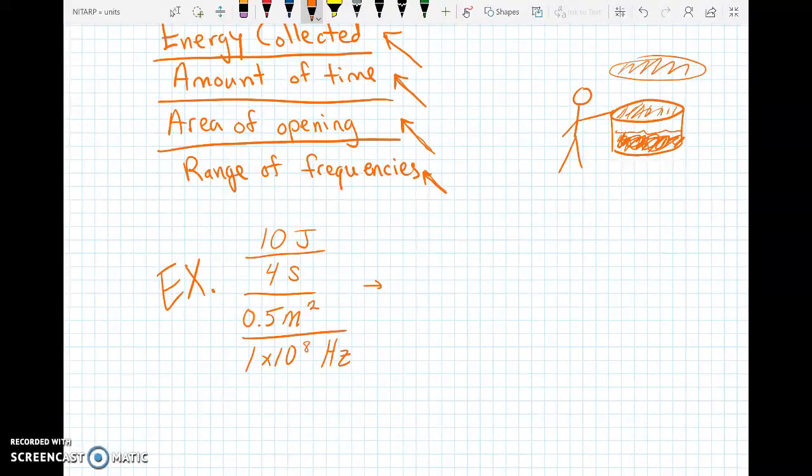So if I do the math here, this ends up being 5. So 10 divided by 4 is 2.5, divided by a half is 5, and that's going to be times 10 to the minus 8th joules for every 1 second, for every 1 square meter of area that I collected over, for every 1 hertz of frequency range that I looked over.